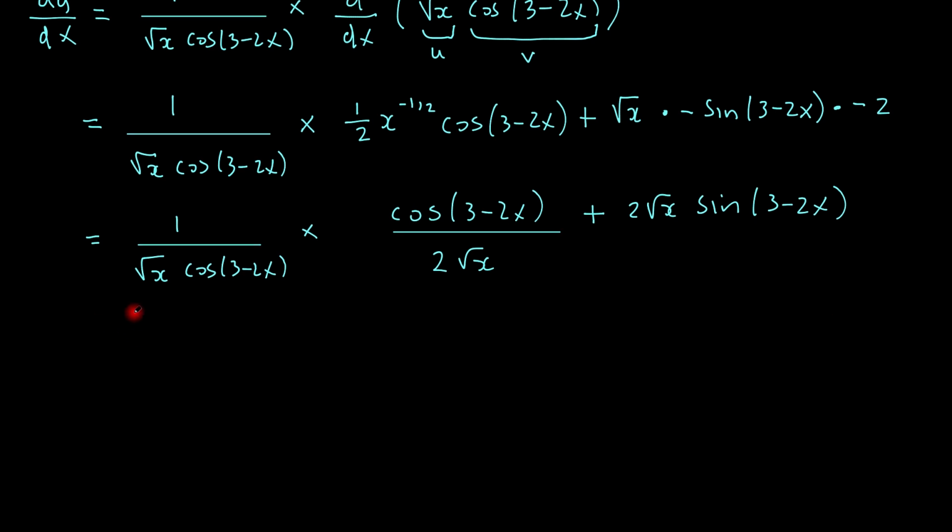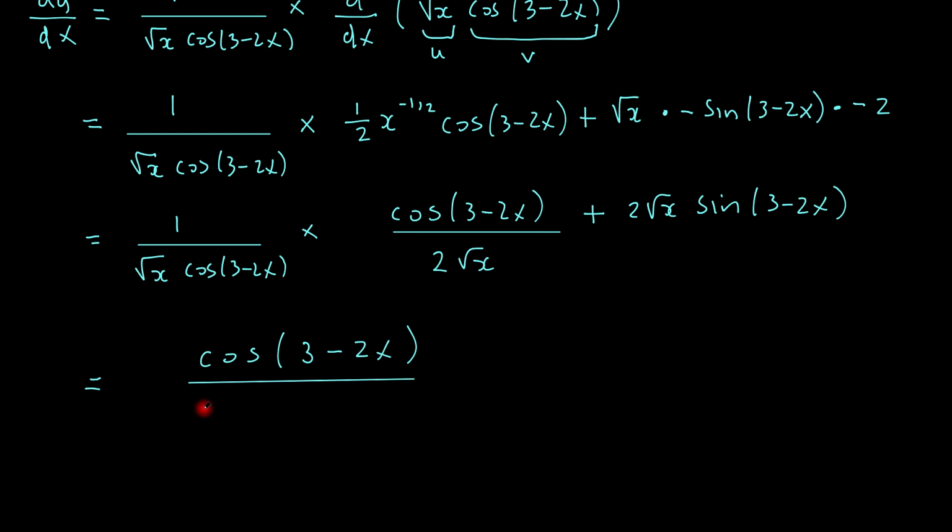Now if I multiply both of these parts by this, 2 root x times root x will simply give me just x, so I'll have 3 minus 2x. I'm not missing any steps out, so you can see what's happening with all the cancellations.